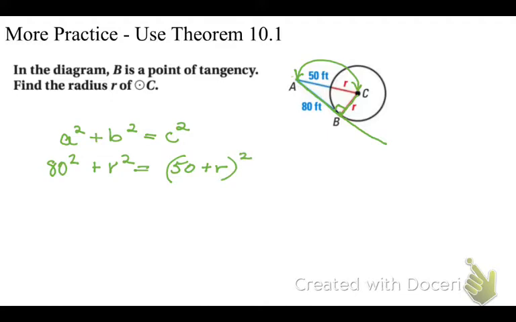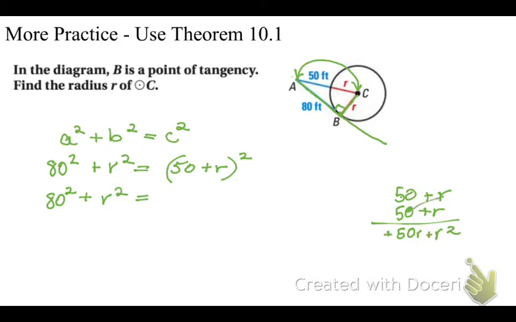And you hopefully remember how to do that from Algebra 1. So 80 squared plus R squared is equal to 50 plus R, times 50 plus R. If you're in my class, this is the way that we did it. So we start with R times R is R squared, plus R times 50 is 50R.